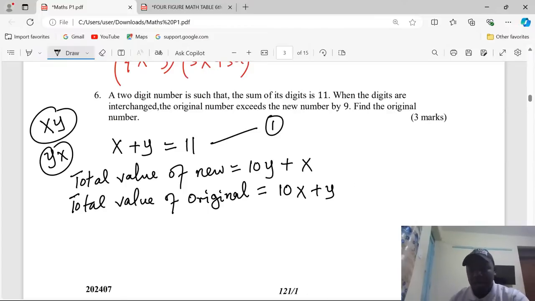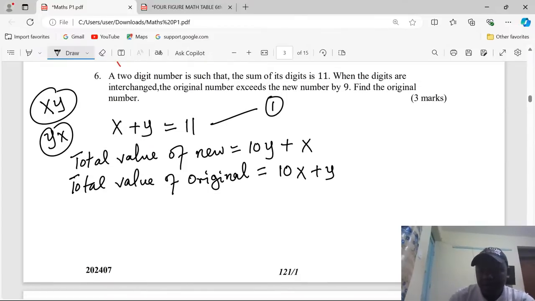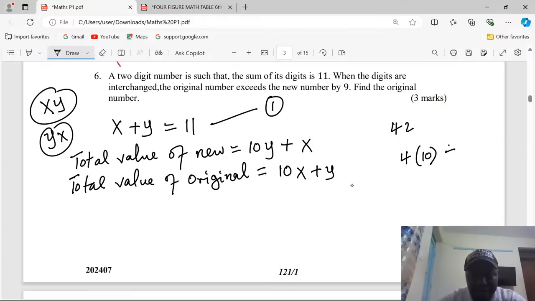Remember, the total value of a number, if a number is 42, for example: because 4 is in the tens, this is 4 times 10, and 2, which is in ones, has been multiplied by 1. That is why the number totals 42, just for an example.